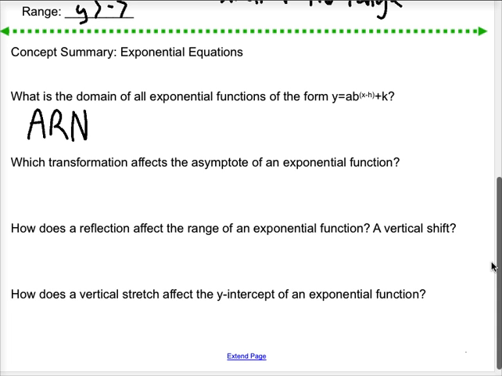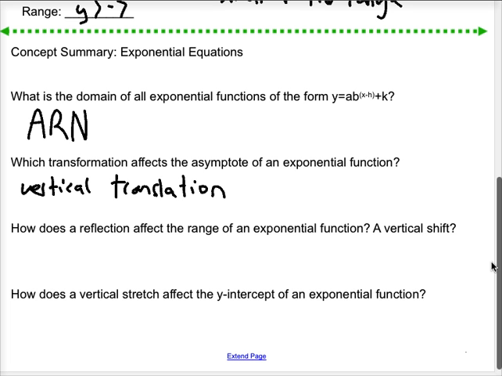There was no transformation that changed that domain. All right, that domain was always the same. Which transformation affects the asymptote? Well, that was the vertical translation. Remember, that's what can move that asymptote up and down.